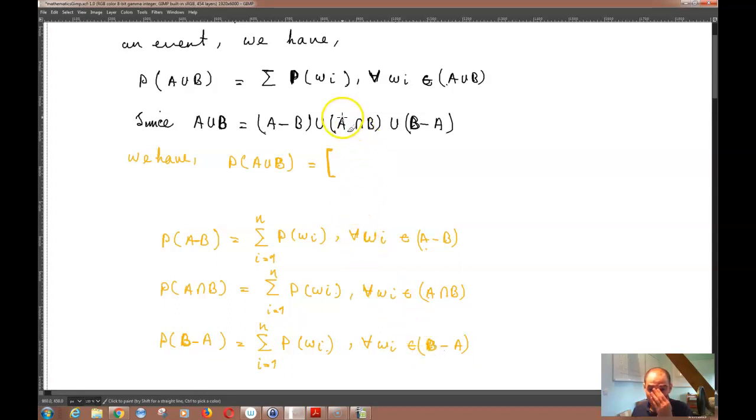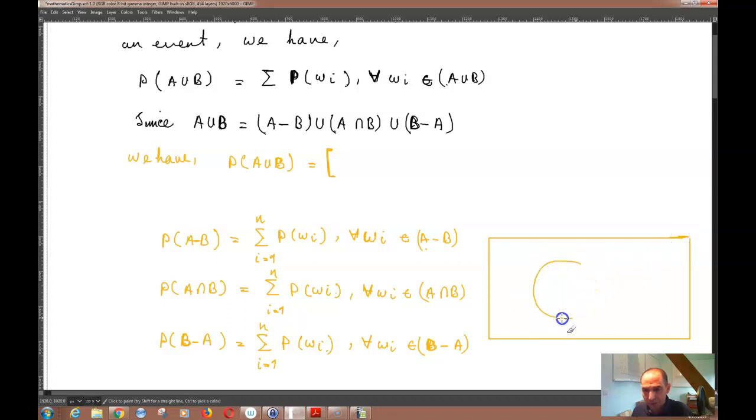So now I can put all of these together and just add them together, because as you saw over here, A minus B, A intersection B, and B minus A are simply disjoint sets.